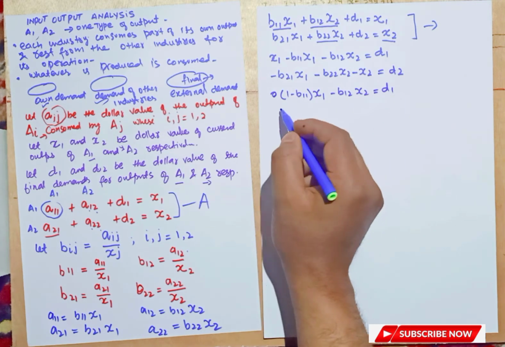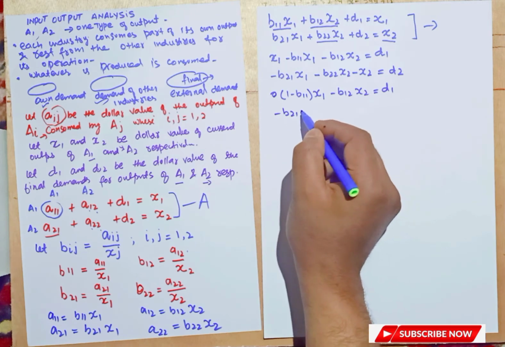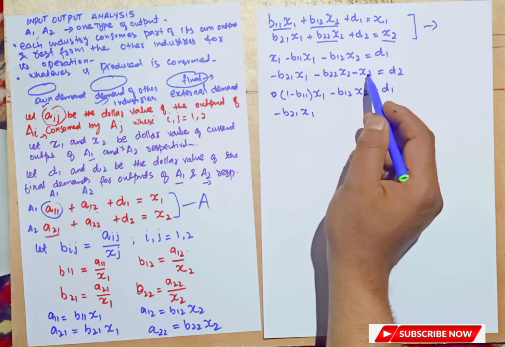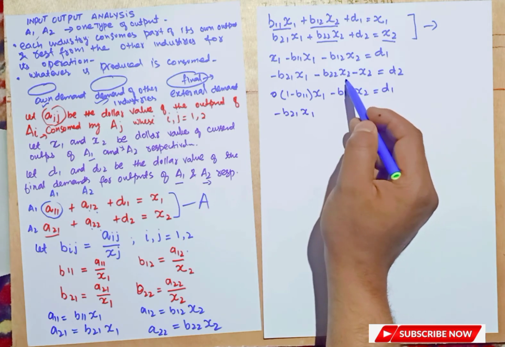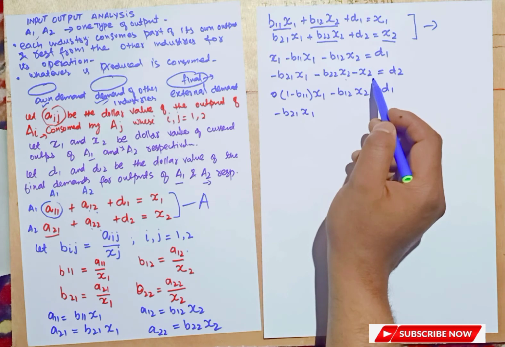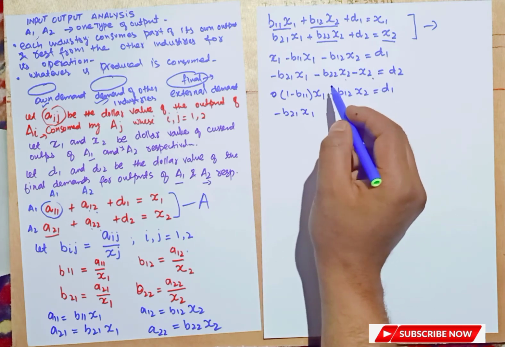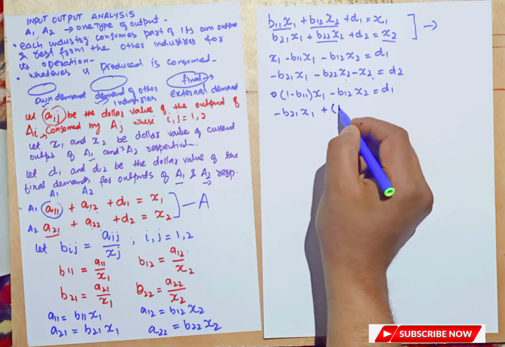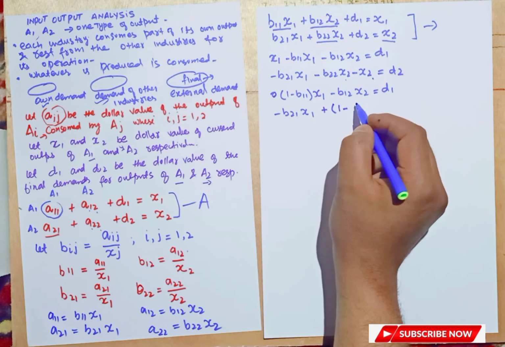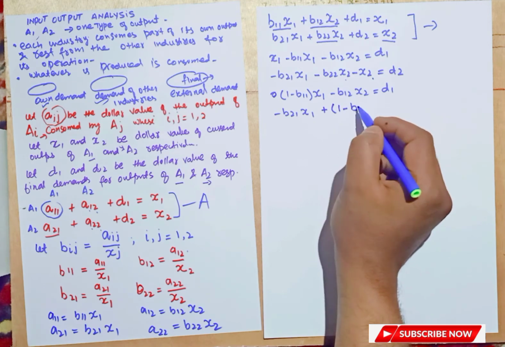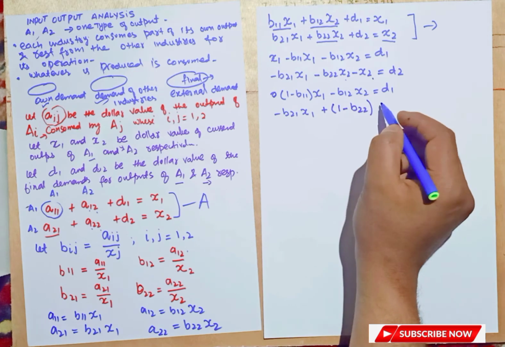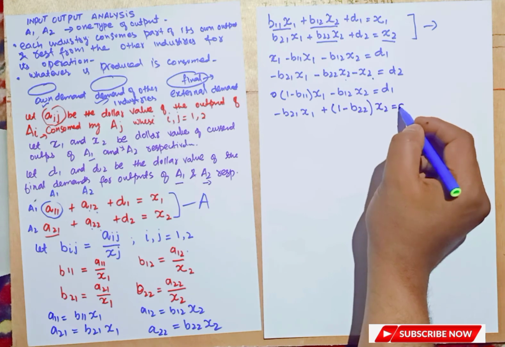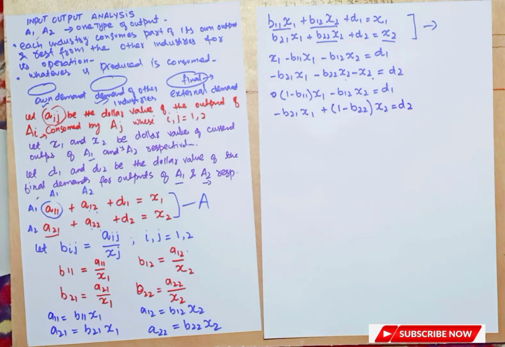Similarly here we have minus B21 X1, and we take this X2 out, so we are left with plus (1 minus B22) X2 is equal to D2. So I have just manipulated this.